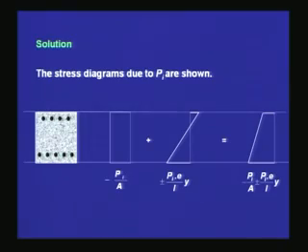The constant value is given as Pi by A, and the varying stress is given as the moment due to the eccentricity of the CGS, which is Pi times e, the moment, times the distance from the CGC divided by the moment of inertia. Once we add these two terms, we get the final stress profile due to Pi over the depth of the cross section. We can see that the compression at the bottom is higher than the compression at the top because the CGS is lower than the CGC.